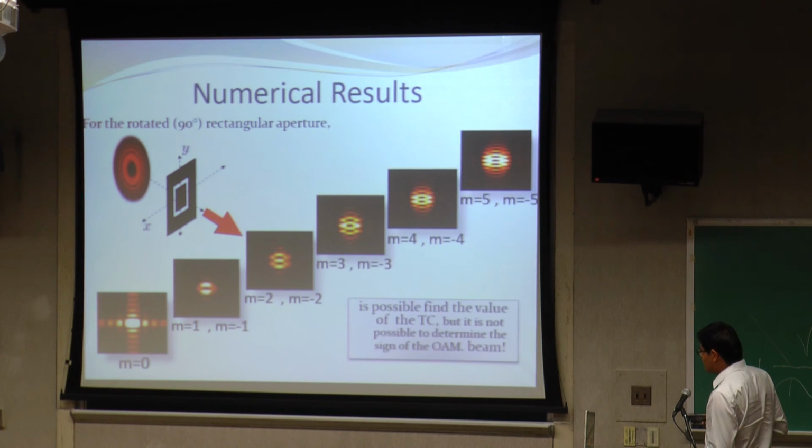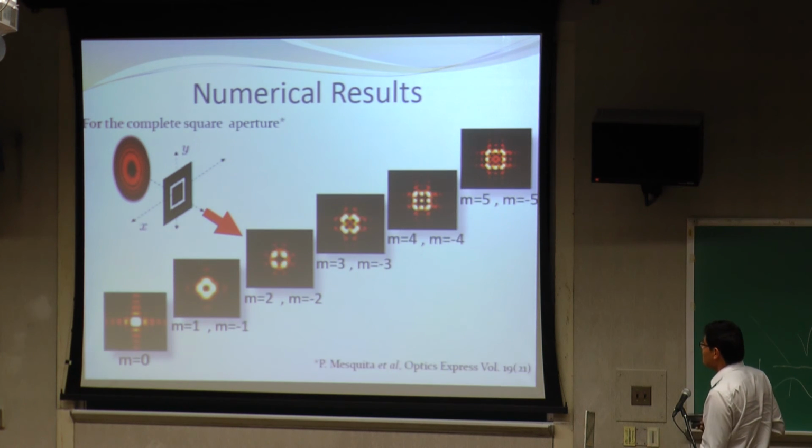Now it's possible to find the value of the topological charge, but it's not possible to determine the sign of the orbital angular momentum beam. With the complete square aperture, you obtain the result, but it's not possible to determine the sign.